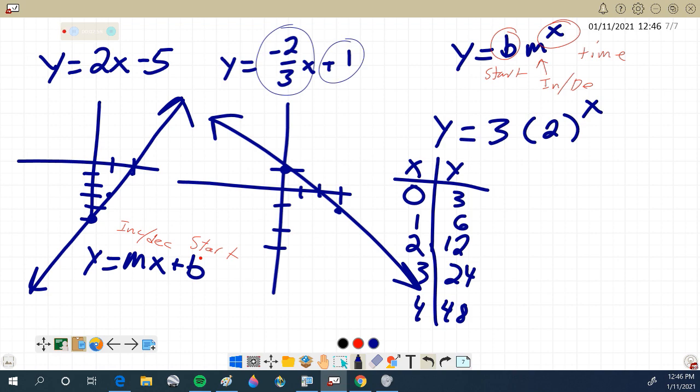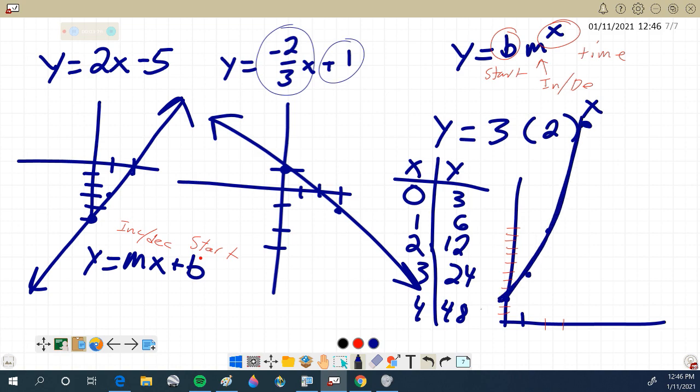No. So if I graph it, and I start at 3, and then on 1 I go up to 6, and then at 2 I'm at 12, and at 3 I'm at 24, which is probably about there, and I get this graph, which kind of looks like that.